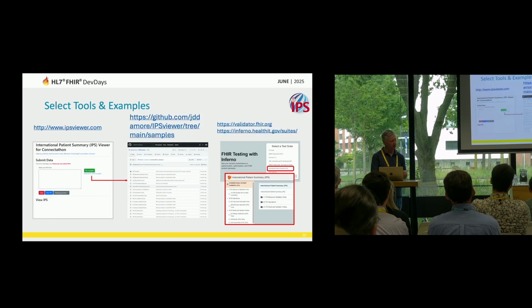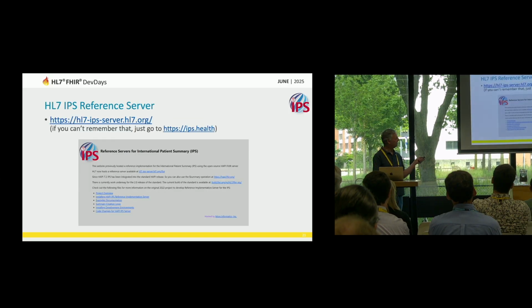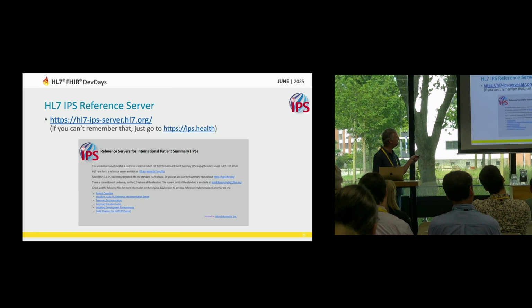All right, so last few slides, just some more things that we're doing as the whole community. We've got IPS viewers, and we've got sample data, and we'd like to get more samples for anything that you have. And validator tools, and we've got the reference implementation and reference server based on the HAPI work that James Agnew has done and has presented on before in the last few years; you can find those presentations.